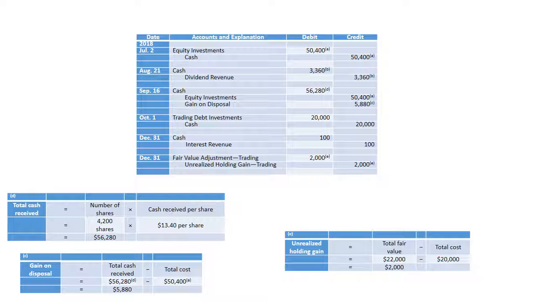So that is how we do the journal entries and accounting for trading investments in equity or debt. Now in part 3, they want us to prepare the T accounts for the investment assets and show how to report the investments on Jetway's balance sheet on December 31st. So, equity investment account.